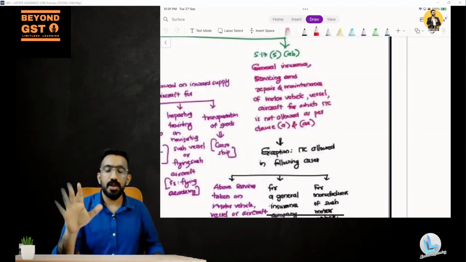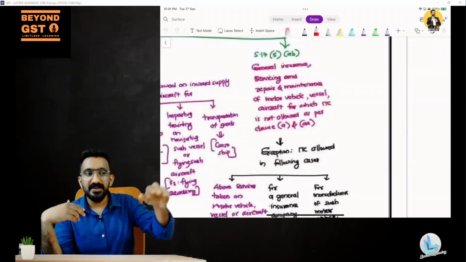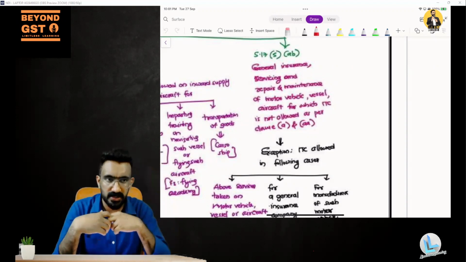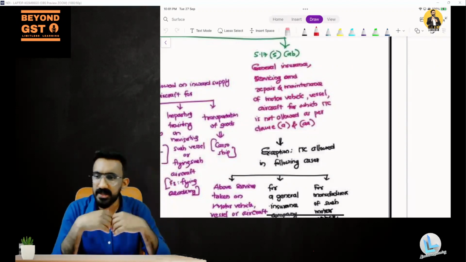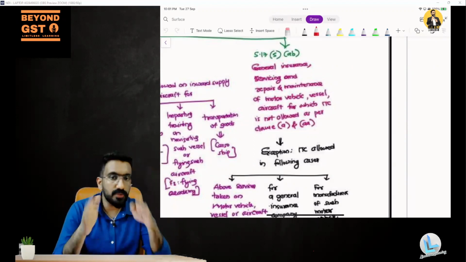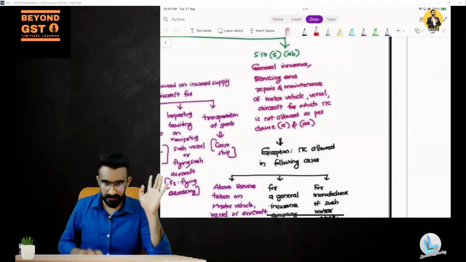That's okay. What about this GST paid on the insurance on this particular Mercedes-Benz? Can you take the credit on that? That 18,000, can you take it as ITC? No, because if the motor vehicle is blocked, insurance charges, service, repair and maintenance are also blocked.